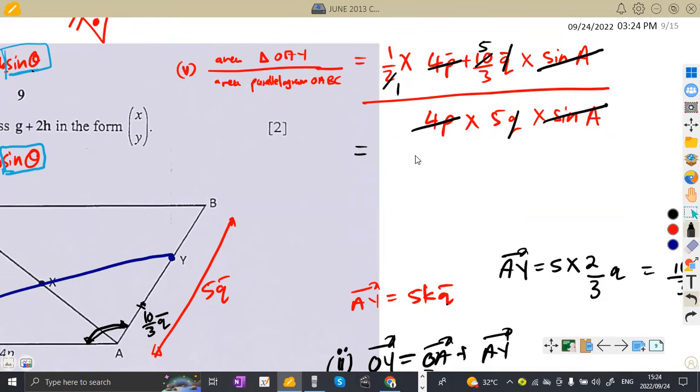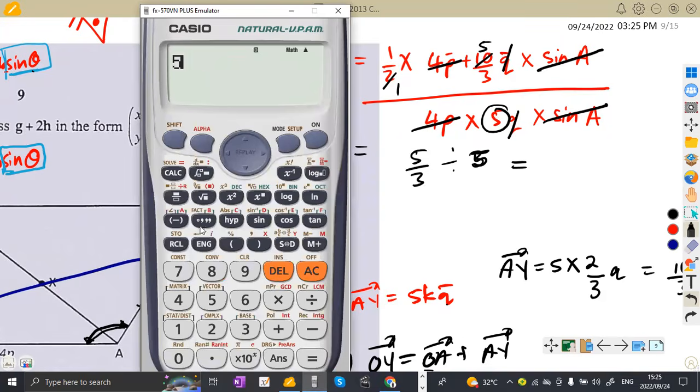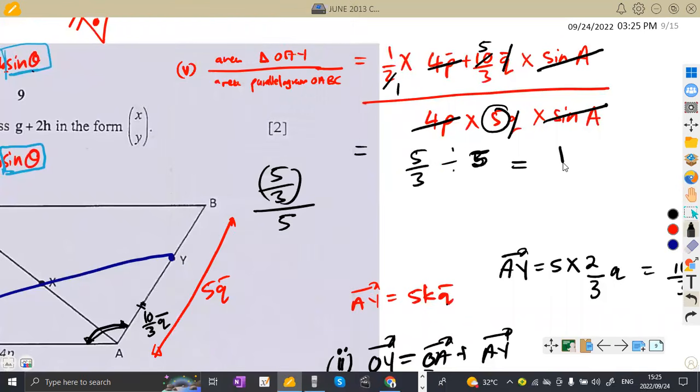So we're going to remain with 5 over 3 divided by 5. From a calculator, you can simplify 5 over 3 divided by 5. Our answer is going to be 1 over 3. So this is the ratio of the area of the triangle to the area of the parallelogram.